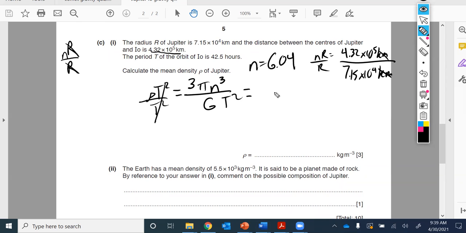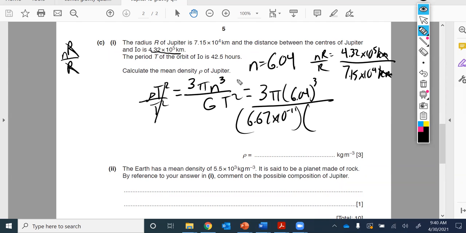All right, so rho is going to be equal to 3 times pi times 6.04 cubed over G times T squared. It takes 42.5 hours for Io to orbit, times 3,600 seconds per hour. 6.04 to the 3rd power times pi times 3 equals 2,078.